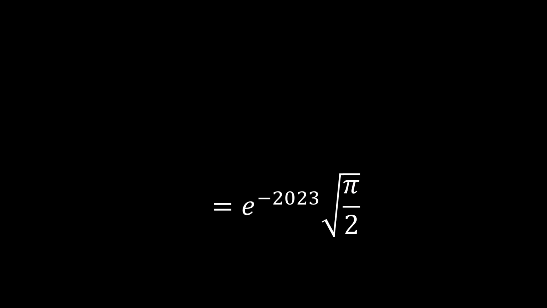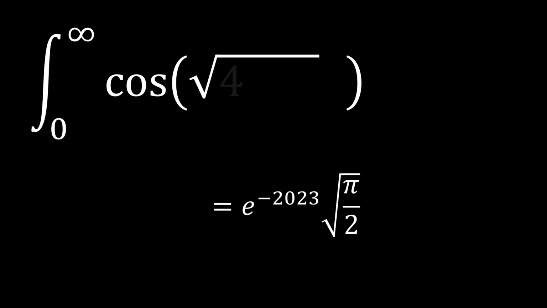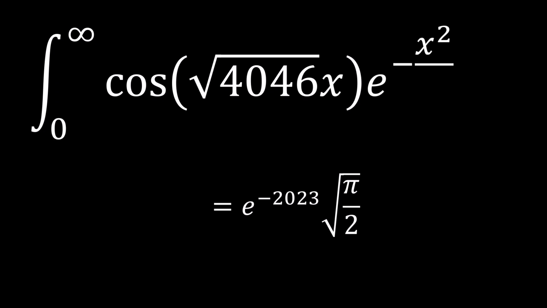So our initial problem, the cosine of the square root of 4046 x times e to the power negative x squared over 2, integrated from 0 to infinity, is equal to e to the power negative 2023 times the square root of pi over 2.